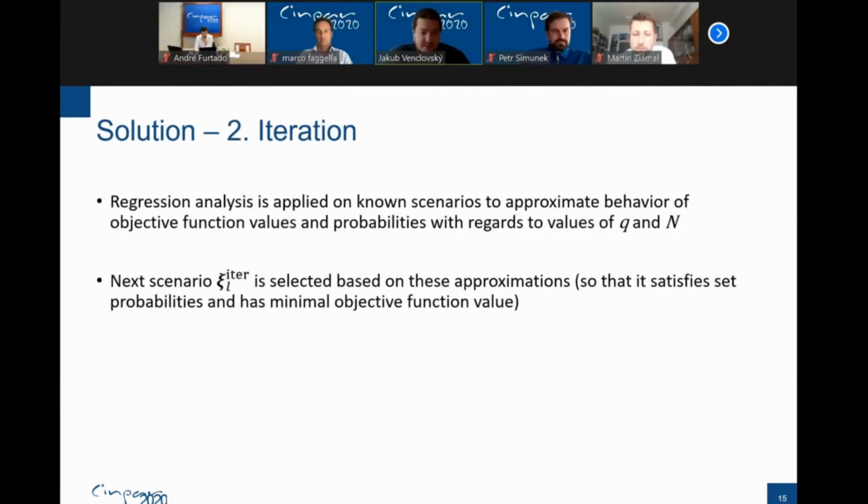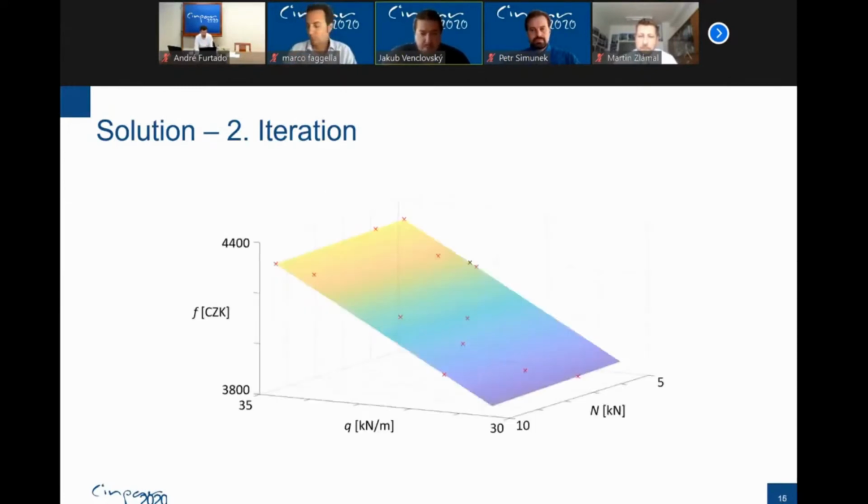So what's next? We have the initialization scenarios, and now we apply regression analysis to them, which approximates the behavior of objective function values and probabilities with regards to the values of random variables Q and N. Here are some pictures.